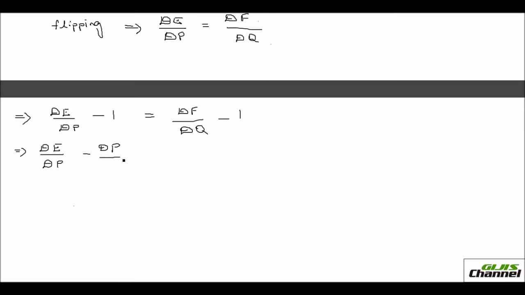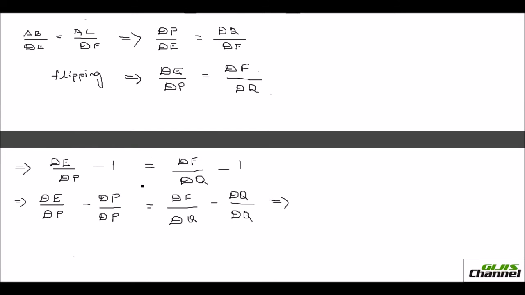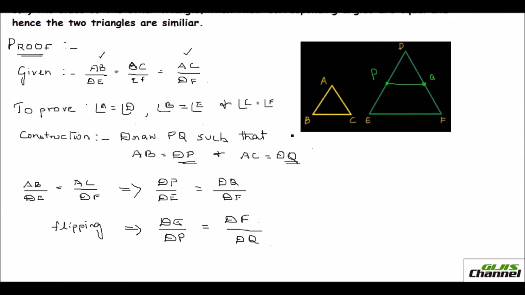Because the denominator is DP, I need to have the same denominator for both. So I just did this, and similarly here also you can do this, okay? This is going to be DF over DQ minus DQ over DQ.